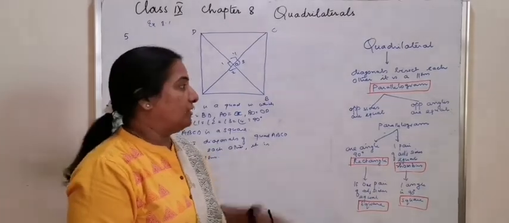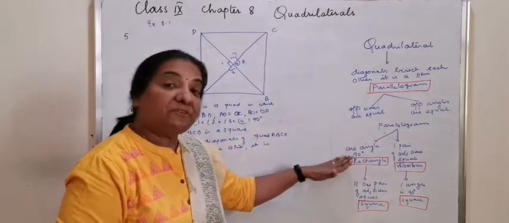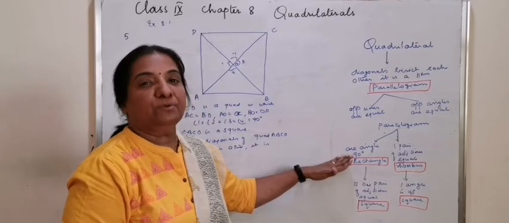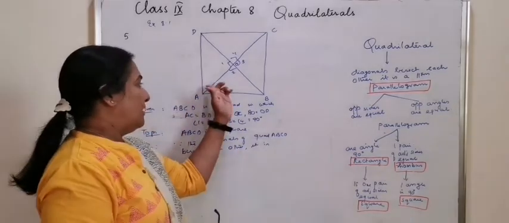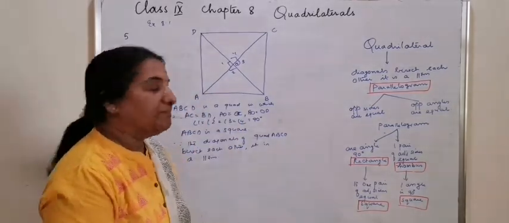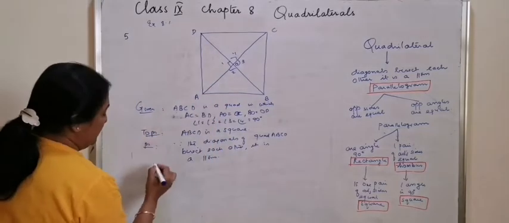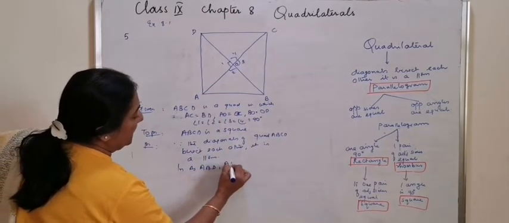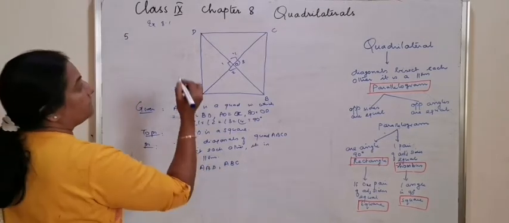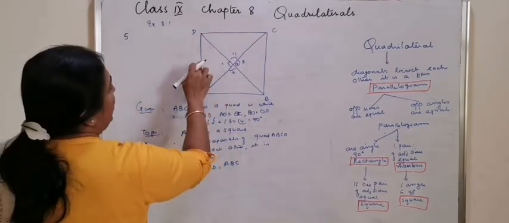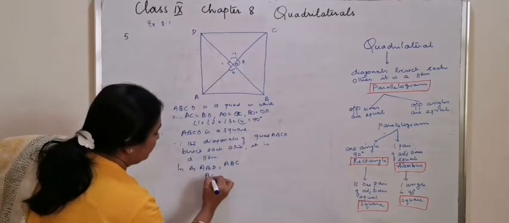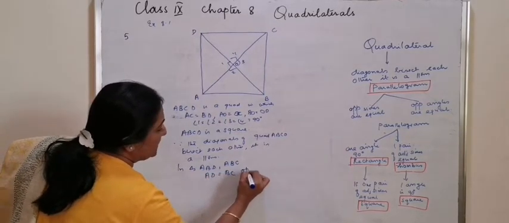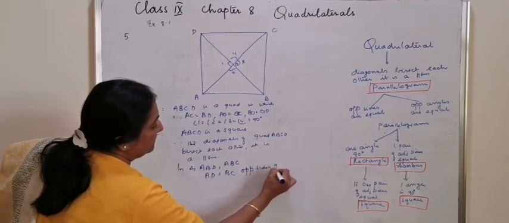How do you prove a parallelogram as a rectangle? If you can prove one angle is 90 degrees. Again, in triangles ABD and ABC, AD is equal to BC, opposite sides of a parallelogram.